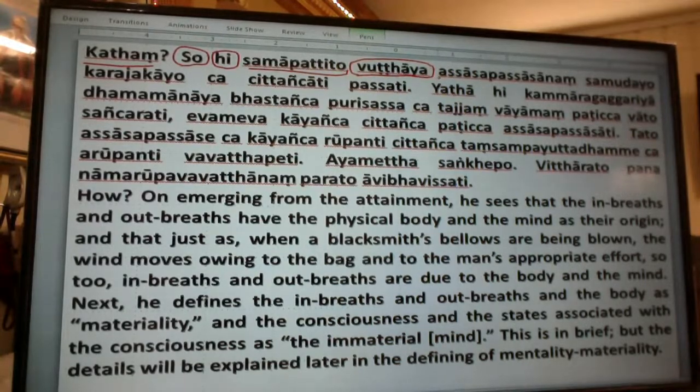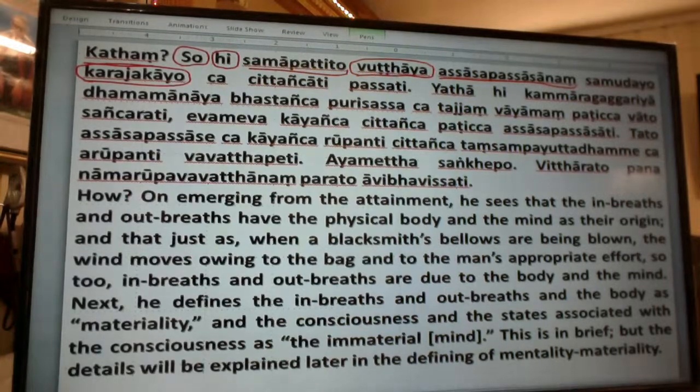So here it mentions assasa-passasa. Assasa-passasa, later on, but first karajakayo. We say assasa-passasa is karajakaya. Assasa-passasa is connected with the physical body, karajakaya, but not only the physical body, also the mind.